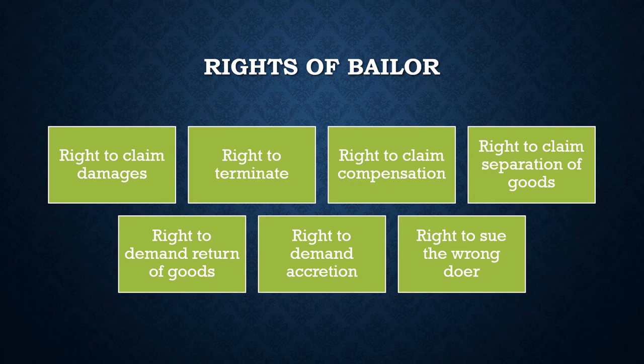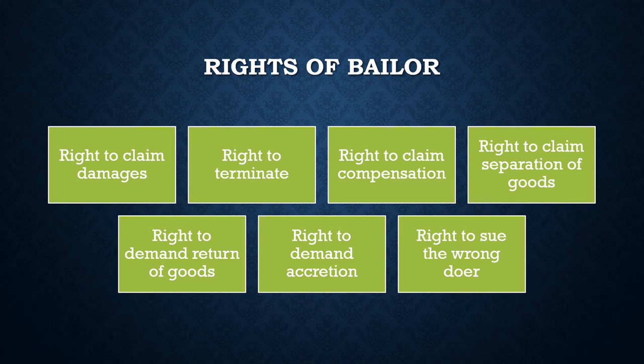Now this is an exception. There is a contract between bailor and bailee. In spite of it, goods are delivered to the bailee and bailee's possession is obstructed by the wrongdoing of a third party. Bailor has a right to sue against the third party even though he has no contract with the third party.